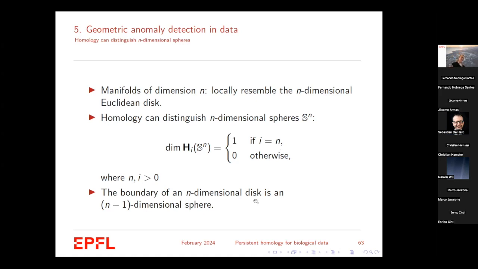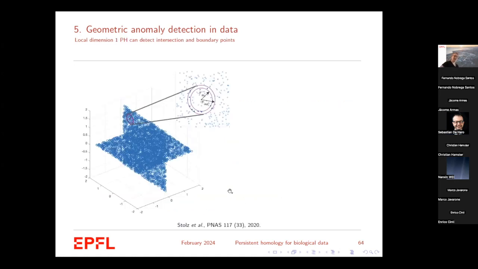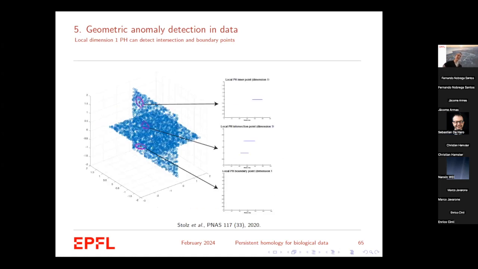The boundary of n-dimensional disks are n-1 dimensional spheres. So what we did was approximate this boundary by looking at annular neighborhoods around each point and then computing the local persistent homology of these annular neighborhoods.